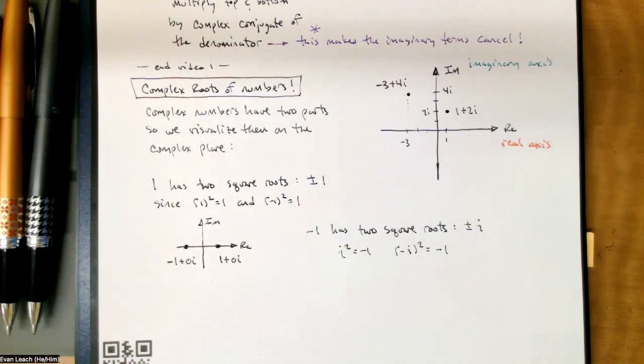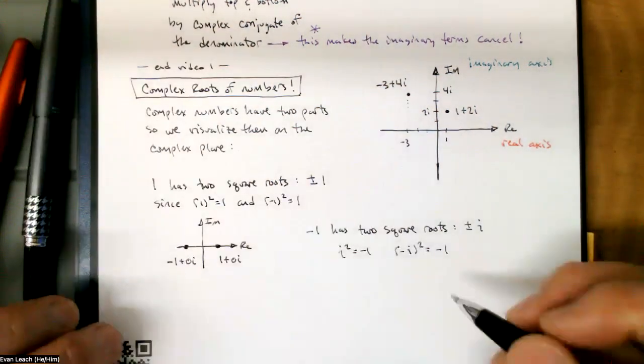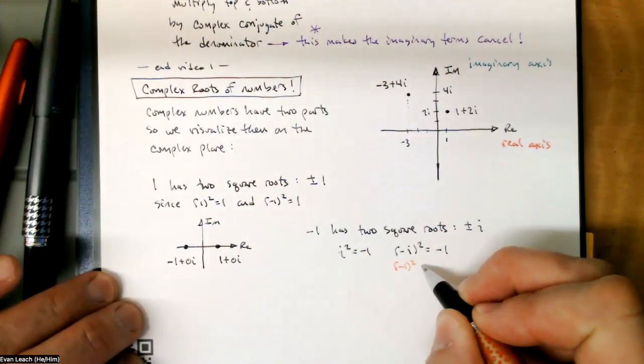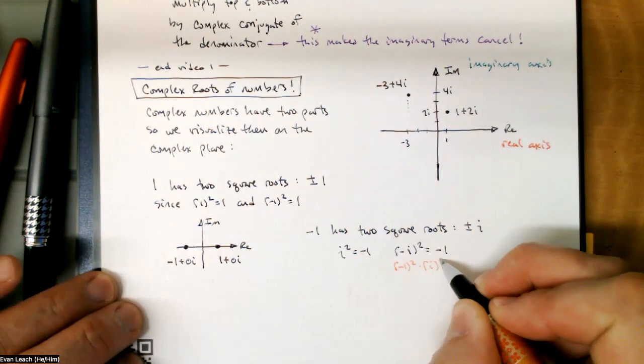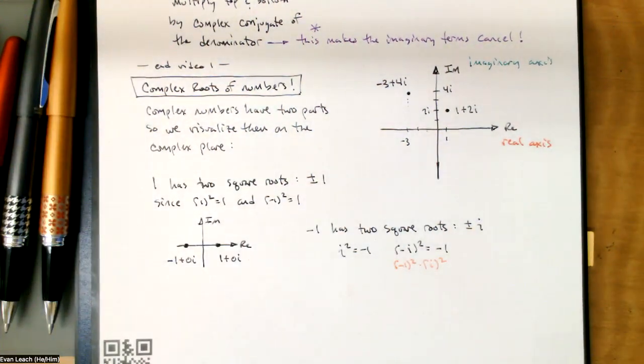The -1 gets squared, but i squared is still -1. So the negative part gets squared away, but i squared brings its own -1. And i is the imaginary unit. So -1 also has two square roots.